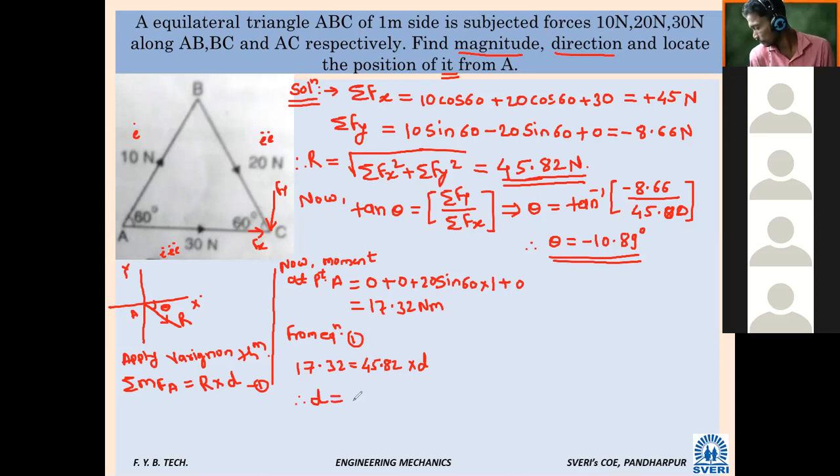Just check. 0.37 meter. Tell me the three digits, who is still telling 37? 378 something. 0.378.